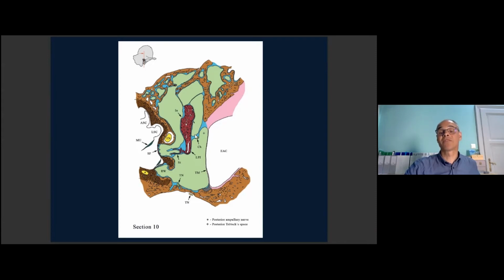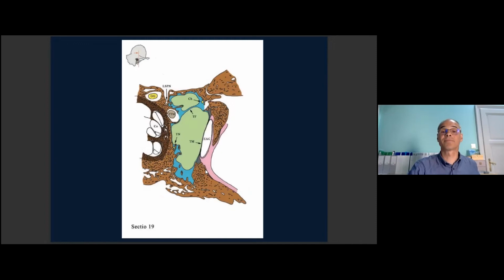Sometimes we can find here this Prussak space, and here we can find chronic infection. If you make a very proper operation, you can open this area in order to remove the pathology with a minimally invasive technique, and the very thin tympanic membrane. And the protympanum as well.